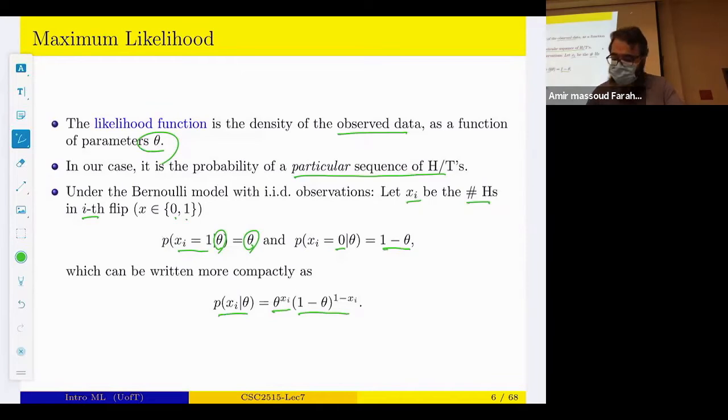To see why this is the case, just imagine x_i is either 0 or 1. So either this is theta to the power of 1 and 1 minus theta to the power of 0, so the second term would be ignored. Or it would be 0 and 1, in which case the first term would be ignored. So this is just a compact way that simplifies some of our manipulations later.